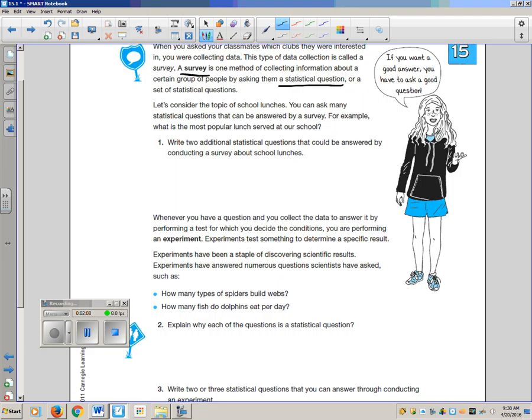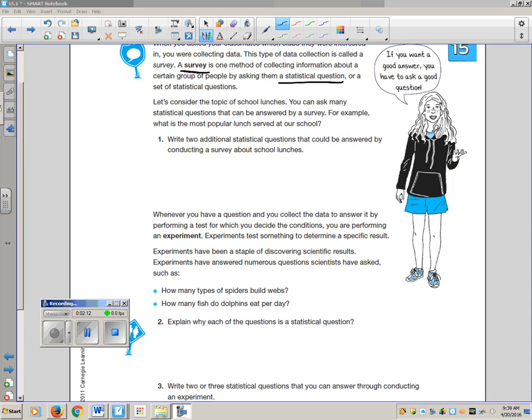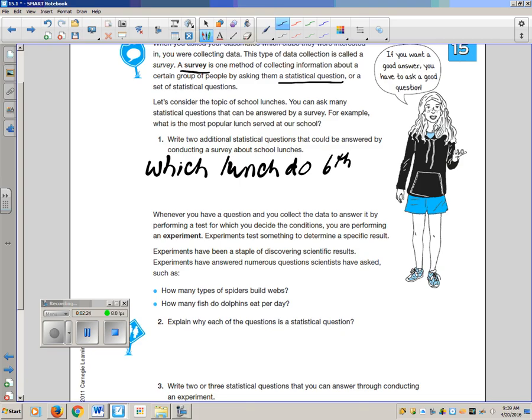For example, you could ask, which lunch do 6th graders prefer? That would be a statistical question.